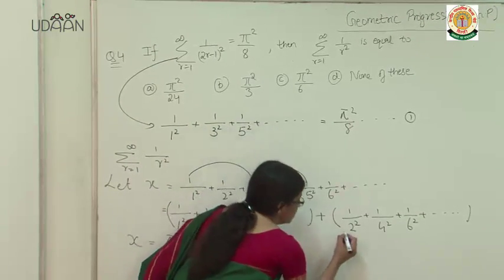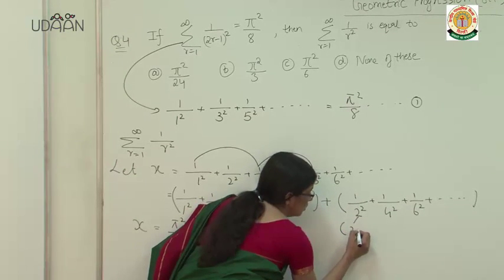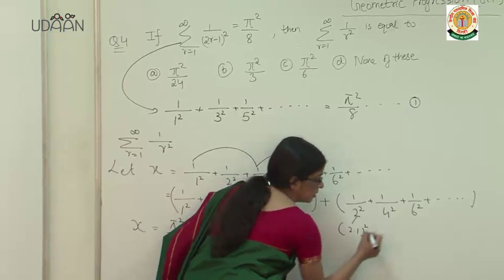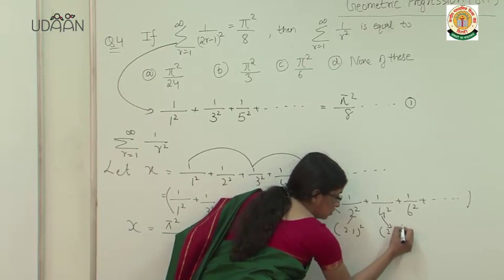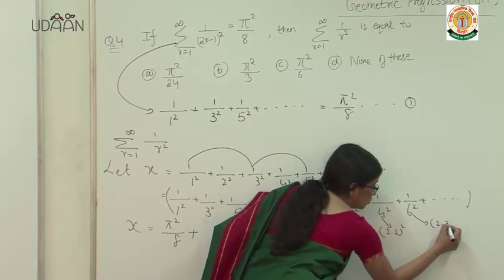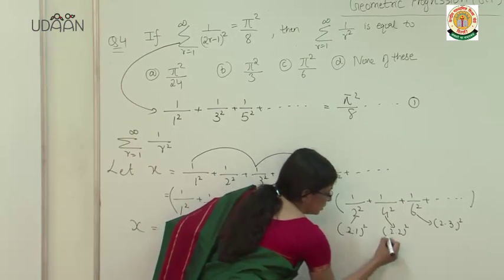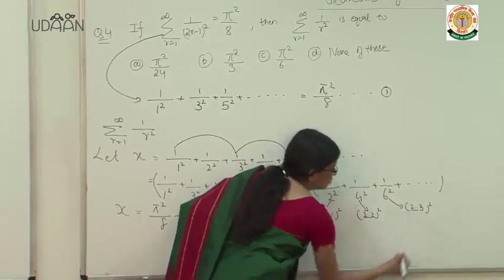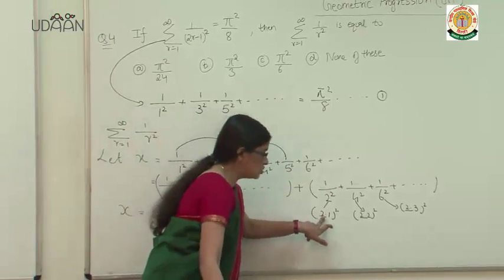Look at the terms, child. The first one is 2 square, 2 can be written as 2 into 1 square. Second is 4 square, 4 can be written as 2 into 2 square. Third is 6, which can be written as 2 into 3 whole square, etc. 2 into 1, 2 into 2, 2 into 3. Can you see a common factor there? In the bracket, 2 is common.